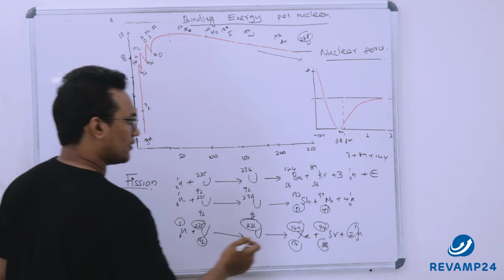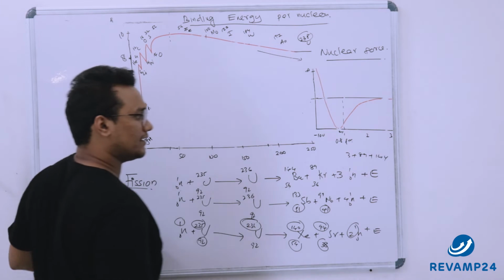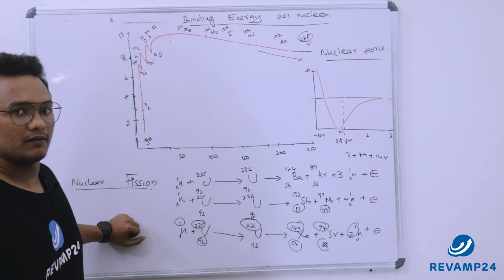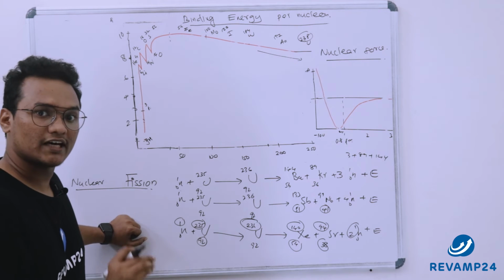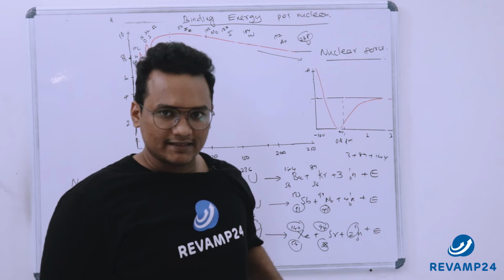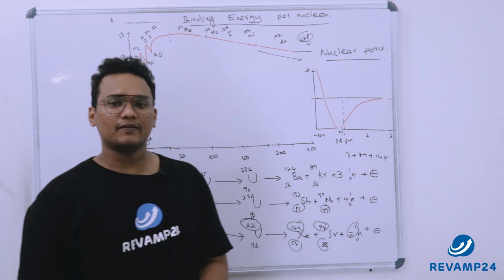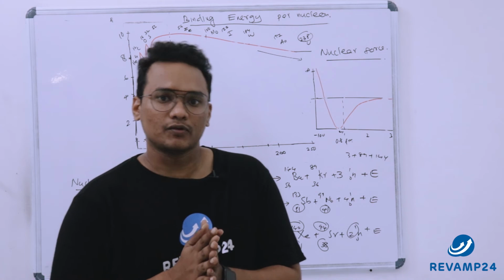So this is how we are generating energy in a nuclear power plant. This is nuclear fission. Fusion will also release energy, but it is practically difficult to use the energy available in nuclear fusion.